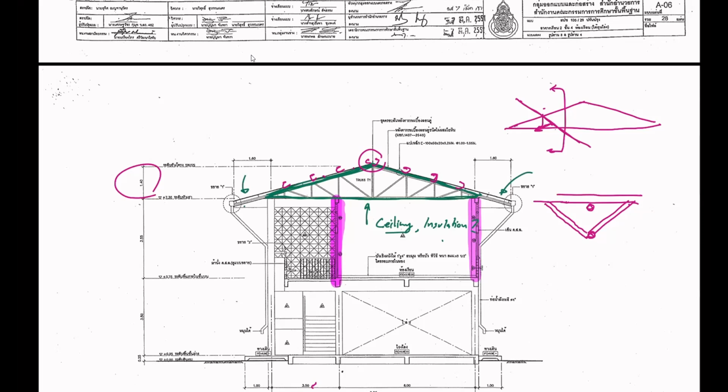So ignorance is bliss here. Generally, when we design a truss, we can omit the self weight because it is very, very small. When you talk about a truss like this, it is small, so you can say it's negligible for now.